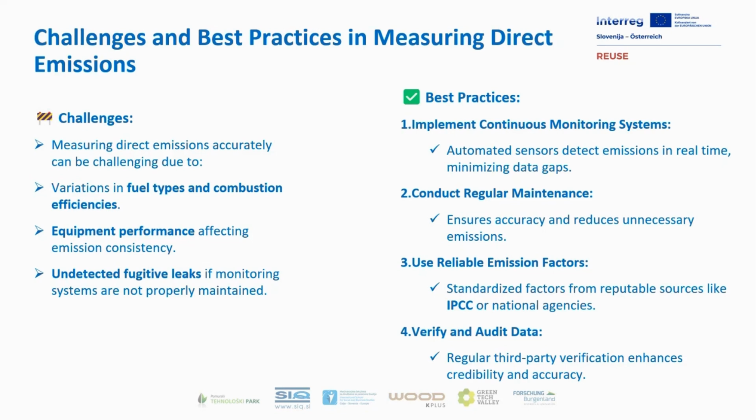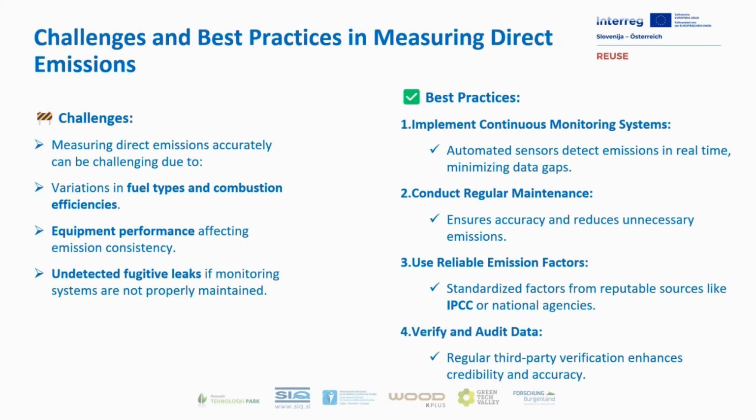First, implement a continuous monitoring system. Automated sensors can detect and measure emissions in real time. This helps catch problems early on and reduces the risk of missing important data. Then second, conduct regular maintenance.